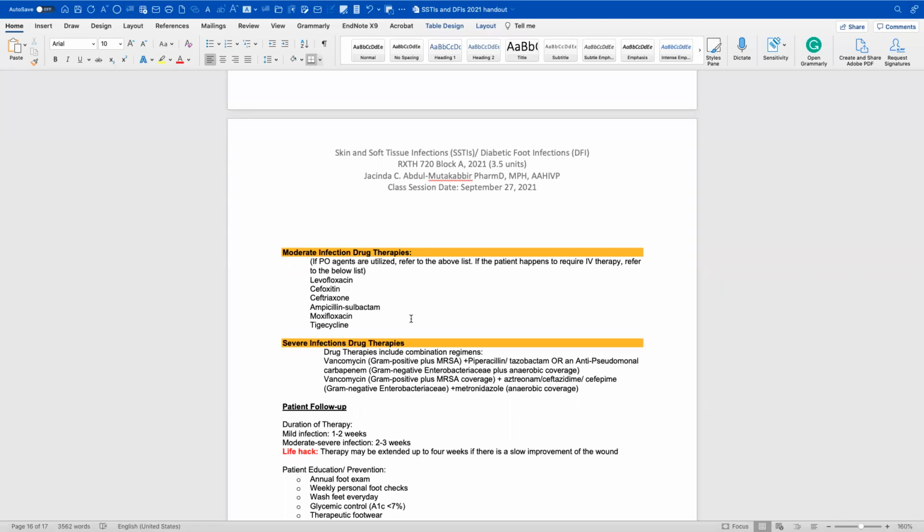You can use vancomycin plus piptazo or carbapenem. Those have coverage against gram-negatives. Those have coverage against anaerobes. You have vancomycin, which is really maximizing your gram-positive coverage. However, if you have a severe infection and you want to use vancomycin plus an anti-pseudomonal or a drug with pseudomonal coverage that is not one of the ones that we previously mentioned, you want to make sure you tack on a drug that can cover for anaerobes.